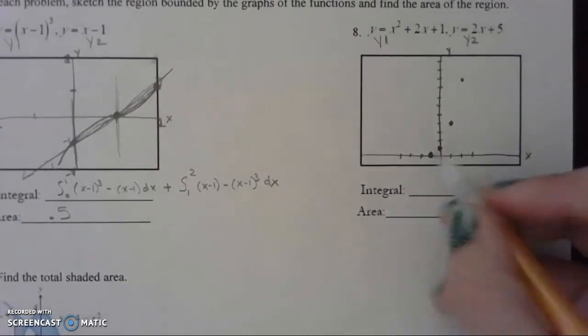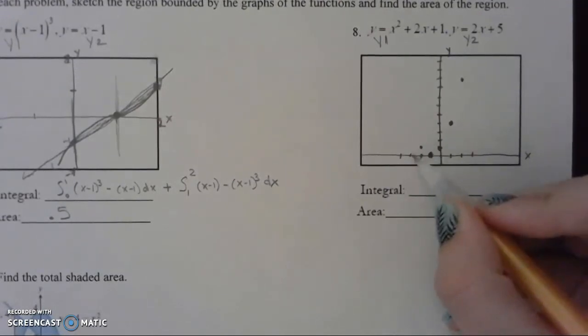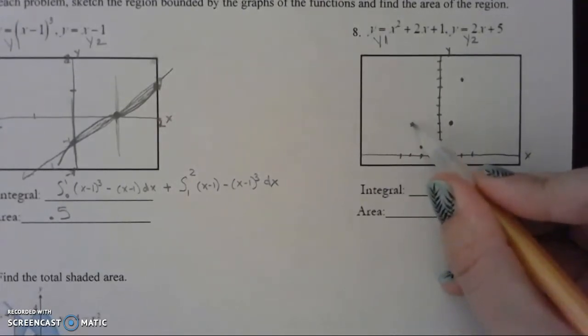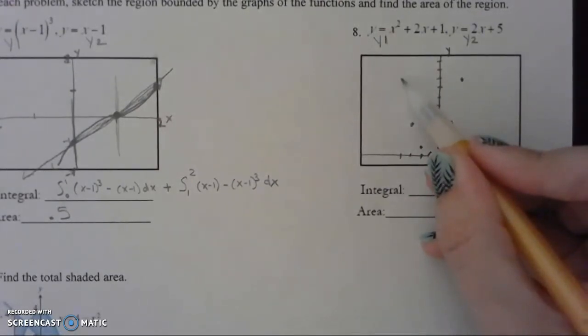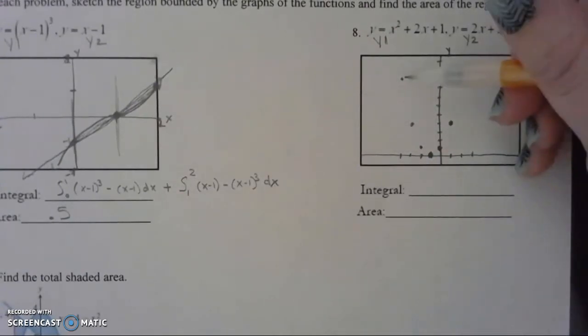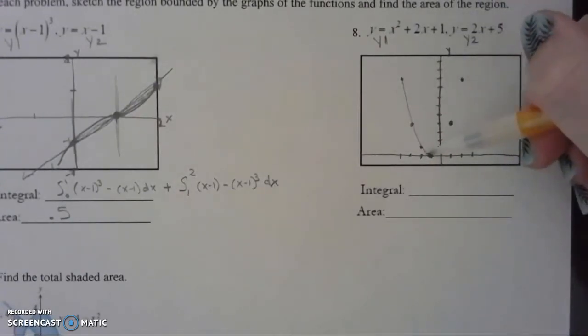Then mirror those, and you're going to get here and here. So this is the quadratic function that we're looking at.